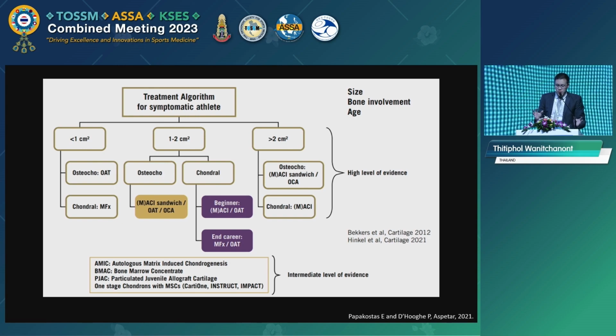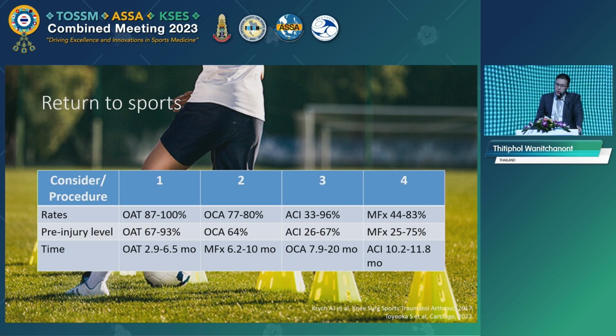So I may conclude this algorithm for athletes. It should be considered at 1 or 2 centimeters. We have to consider the size, the bony involvement, and the age of the patient. For return to sport, the meta-analysis shows that OAT has the best rates of return to sport, even to the pre-injury level, with the shortest time to return, followed by microfracture.